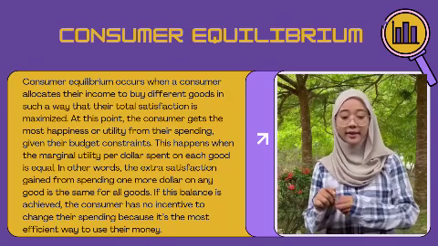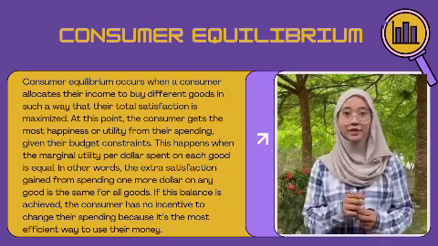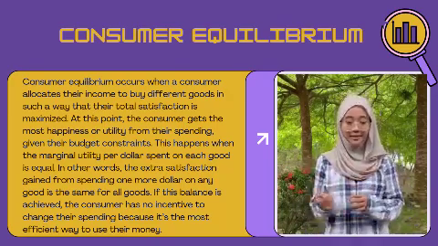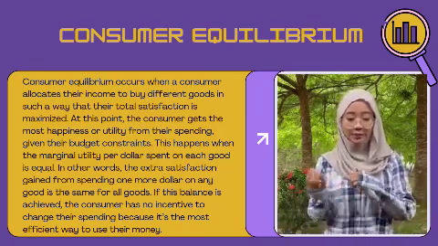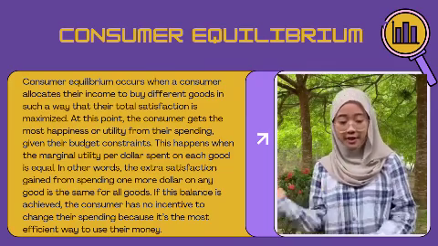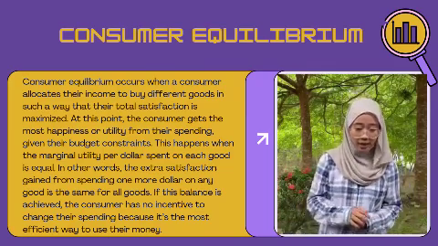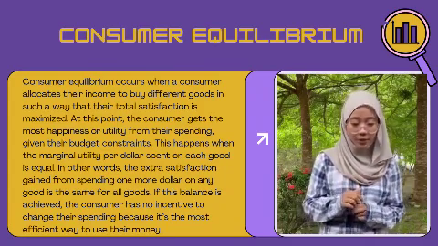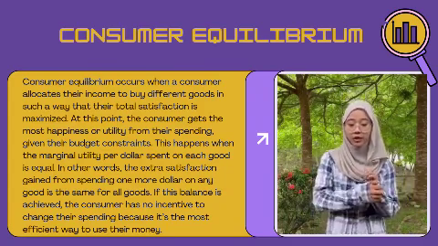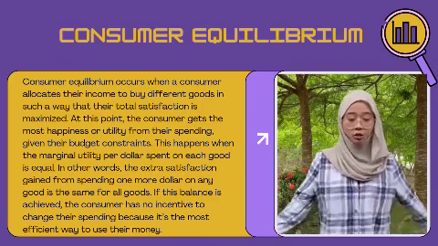Equilibrium. Consumer equilibrium occurs when a consumer allocates their income to buy different goods in such a way that their total satisfaction is maximized. At this point, the consumer gets the most happiness or utility from their spending, given their budget constraint. This happens when the marginal utility per dollar spent on each good is equal.